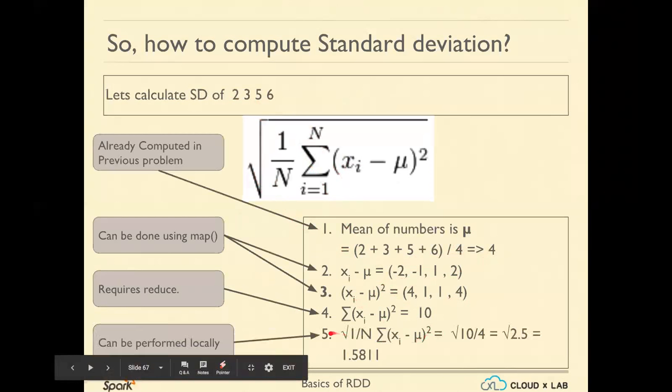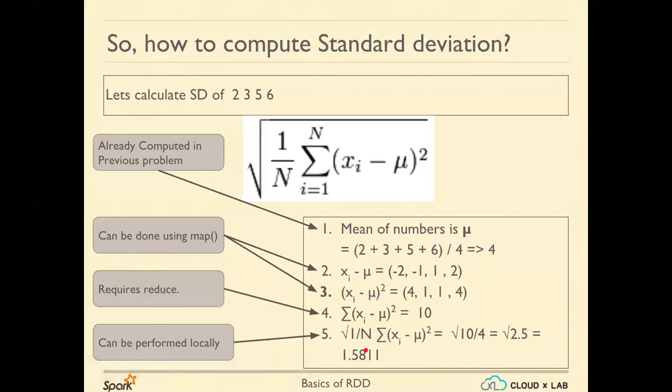Afterwards, we are dividing the sum, which is 10, by 4, and then taking the square root. So we're getting the standard deviation as 1.5811. All right, is this approach clear to everybody? What's going on in the standard deviation?